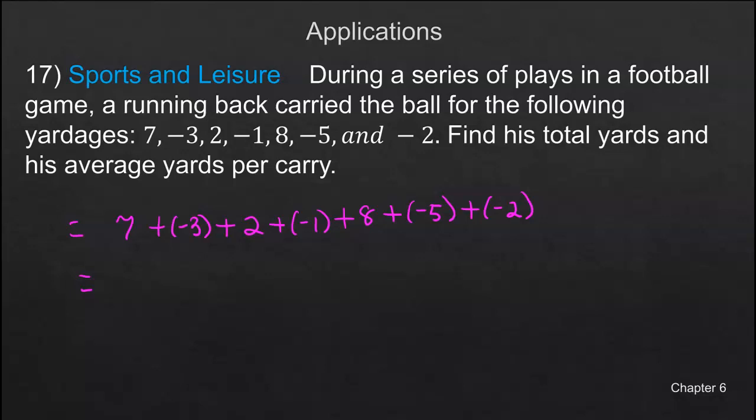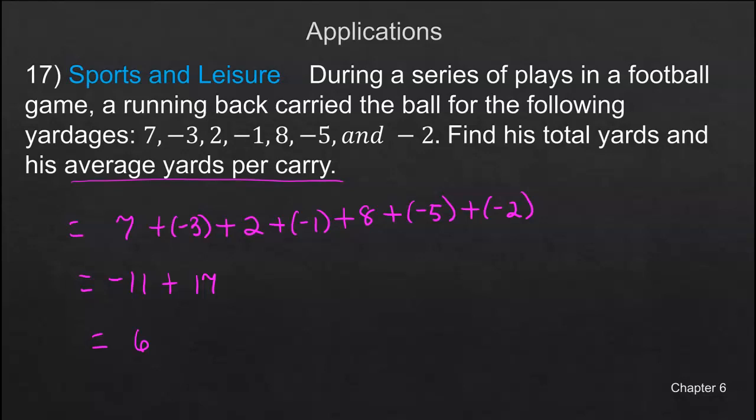Now I'm going to add up all my negatives. So negative 3, negative 4, negative 9, negative 11. And then I'm going to add up my positives. So that's 9, 17. So we end up with 6 yards. Now it was the average yards per carry. So let's go back and look at that.